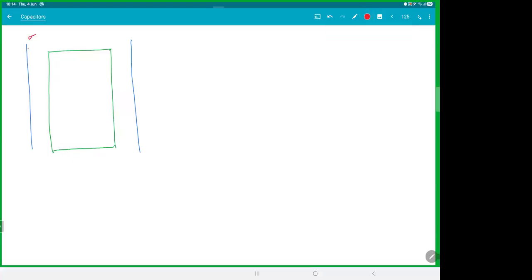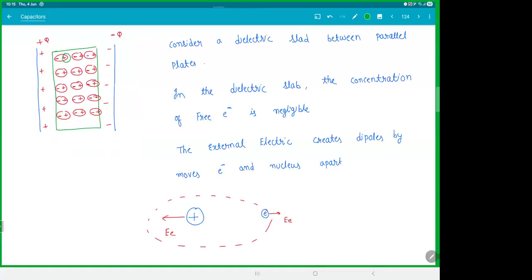Let's say this charge is sigma. This plus sigma will create an opposite charge on the dielectric, but it will not be equal to minus sigma. It will be minus sigma induced. Why? Because you don't have enough free electrons. And on this side you have minus sigma. This minus will create an opposite charge, but because you don't have enough free electrons, you will get some partial charges. And these dipoles are so close that we can assume this plus and this minus will neutralize, and this plus and this minus will neutralize.